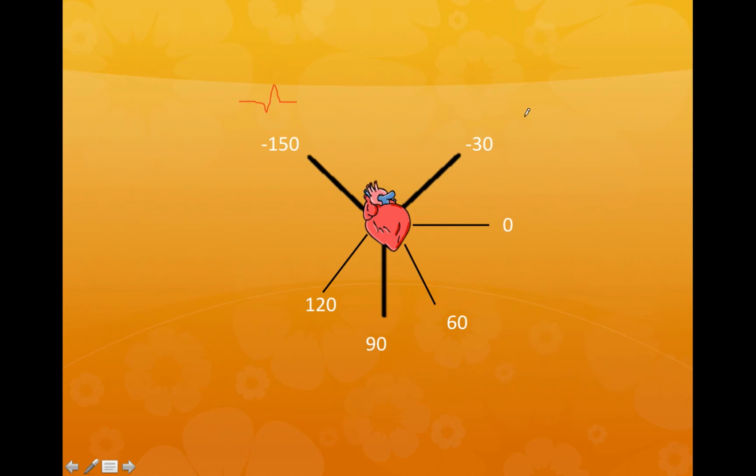We know because we can see that AVL was pretty positive and lead 1 was pretty positive, so we can bet that the axis is going to be in this direction. So we're going to take the diphasic wave and add 90 in this direction, and what we come up with is an axis at minus 60. So there is left axis deviation.